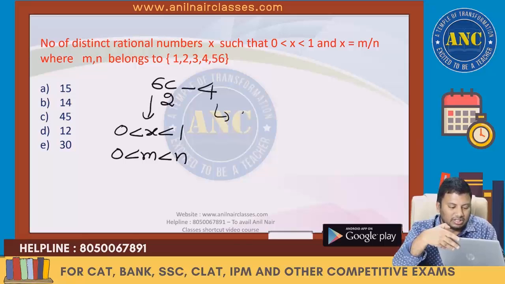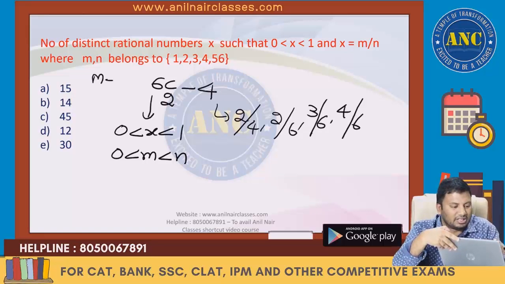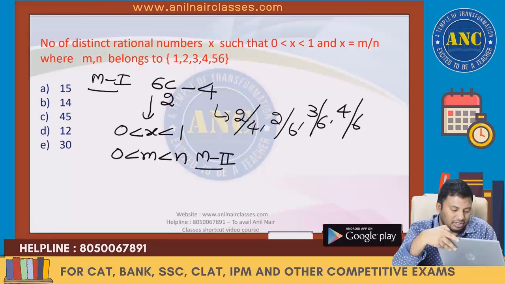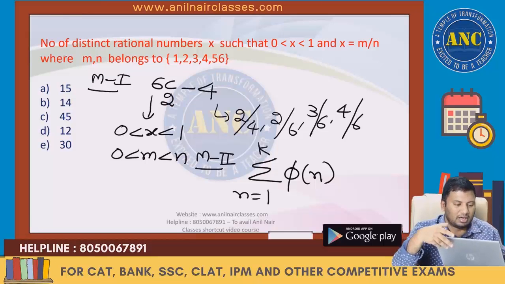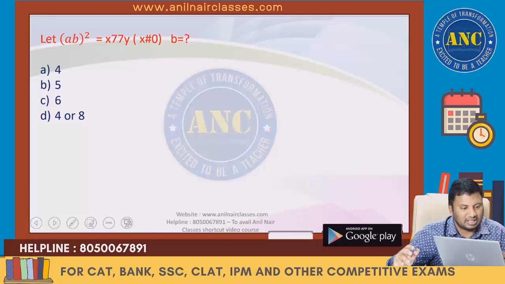These 4 duplicate values are eliminated: 2 by 4, 2 by 6, 3 by 6 and 4 by 6. This is one method which we discussed. Another method is using quotient function, the summation of quotient of n equal to 1 to k. These are some of the questions which we discussed yesterday.